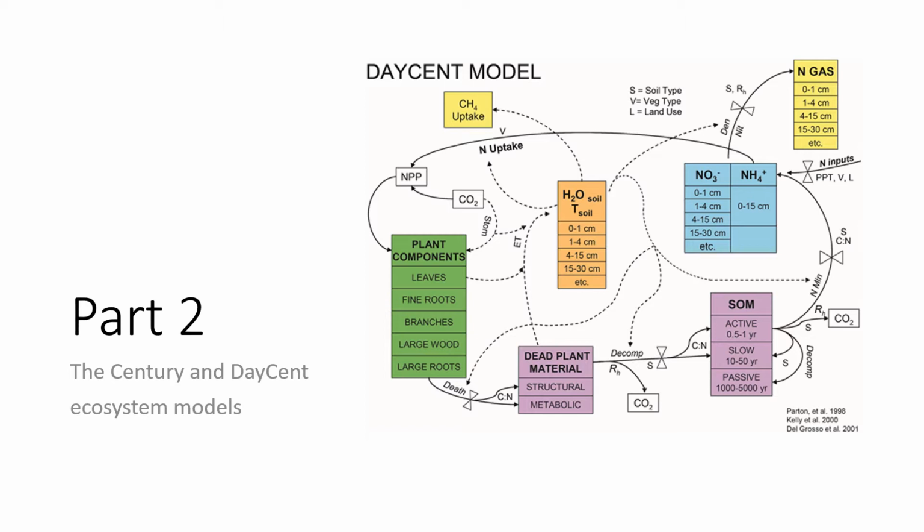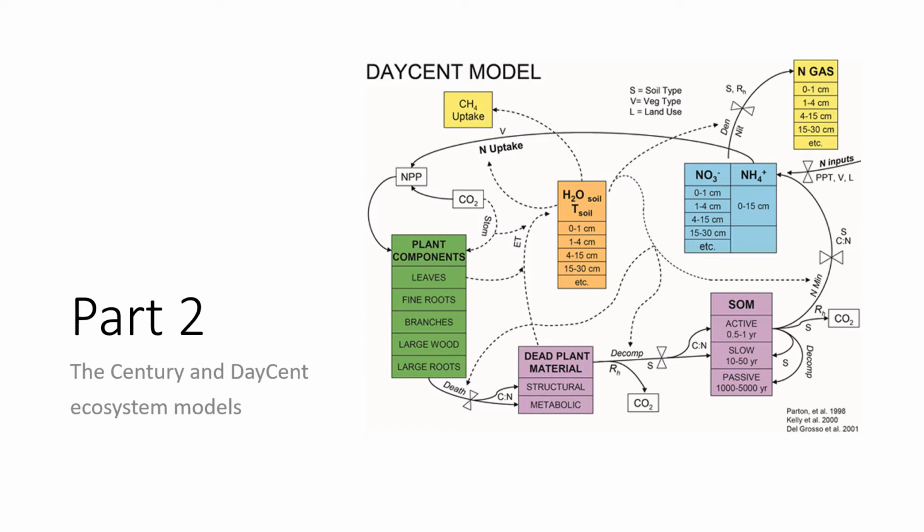The plant components in the DayCent model are not just a single big box of carbon, but are divided into boxes of leaves and fine roots, and if we're growing trees, branches, large wood, and coarse roots. And when plants die, they become litter, and in the DayCent model, that litter is divided into structural and metabolic litter, and I'm going to explain all these terms in the upcoming slides. This is just an overview.